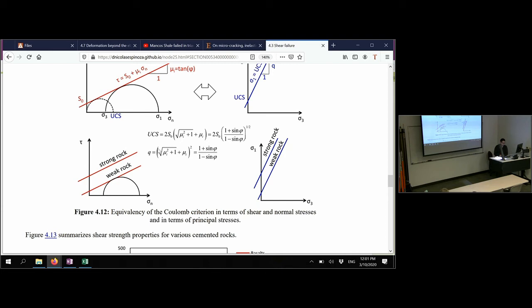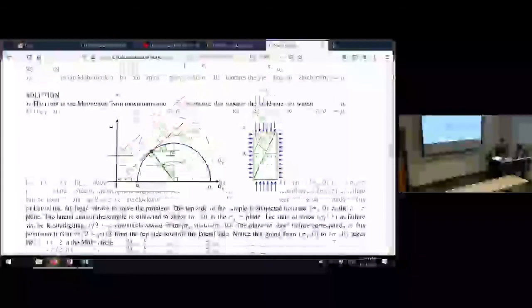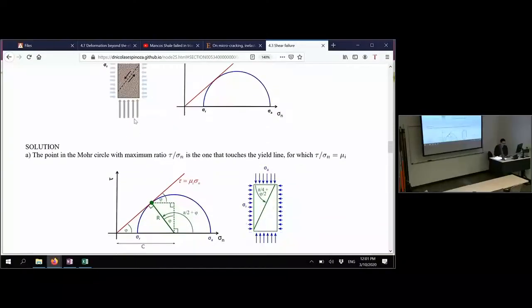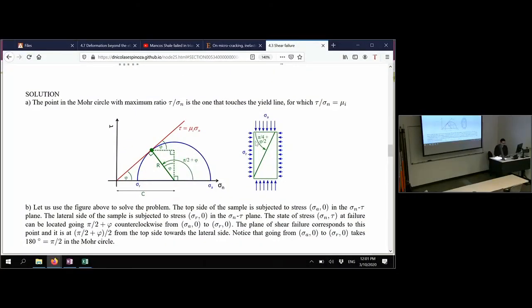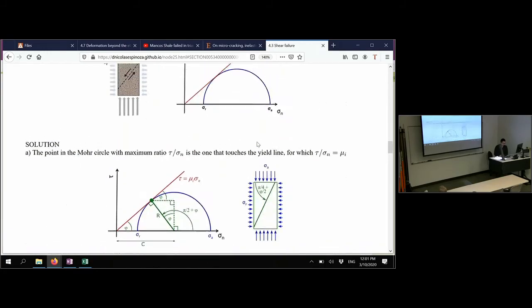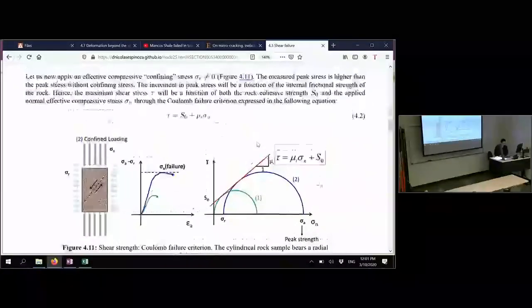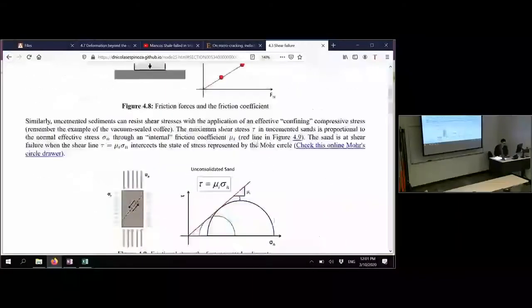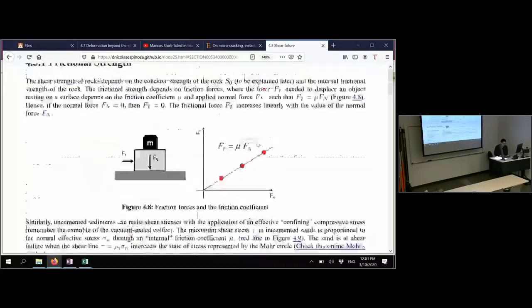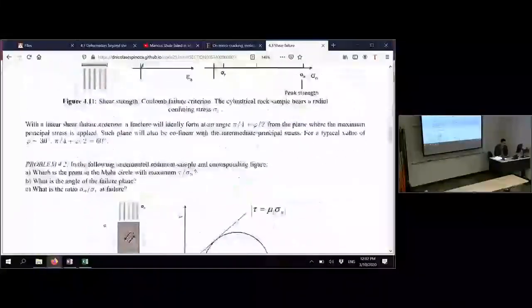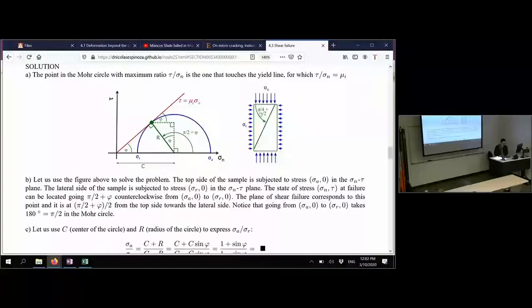That's beta. This one will be beta, right there. Let me see if I have it in another figure. No, I don't have it here, but this angle will be beta. And theta, I didn't use theta.